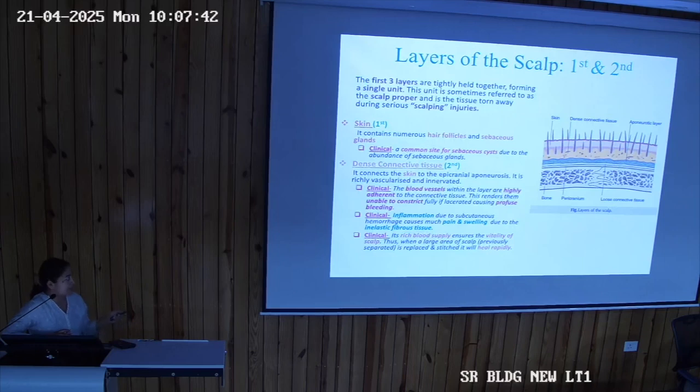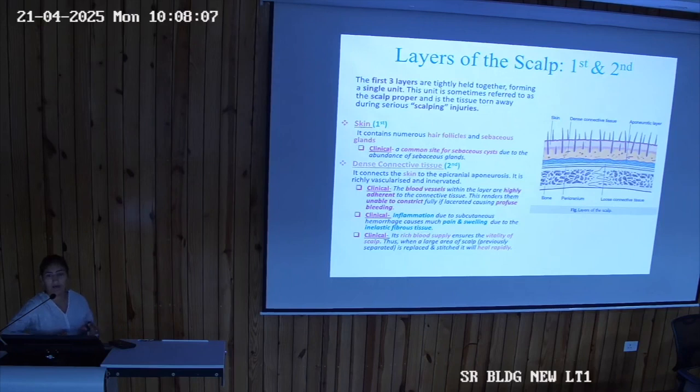Now this dense connective tissue, as I said, it has fibrous inelastic tissue. Secondly, the blood vessels. It has got rich blood supply and it has got rich nerve supply. So lot of arteries and lot of nerves are over here. So clinically, if the blood vessels they get torn, if there is injury, it will profusely bleed.